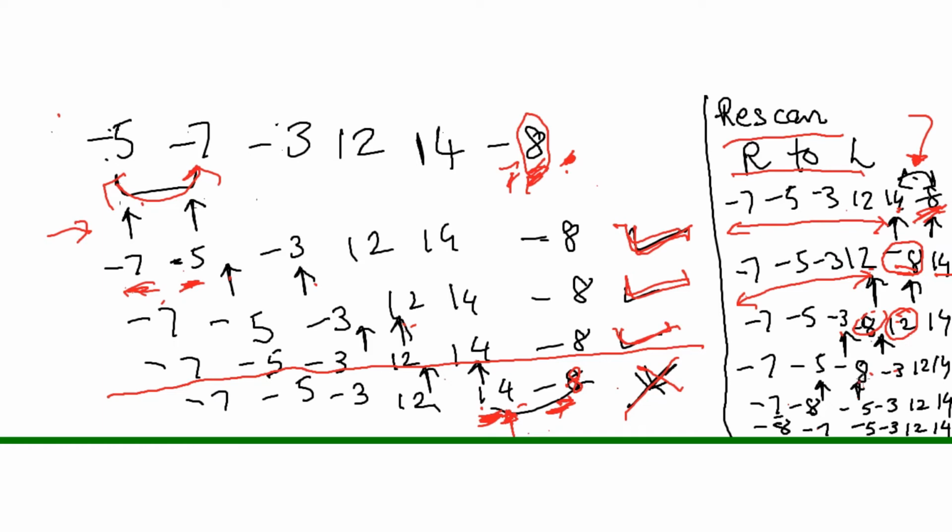And the same holds true with -5 and -8. -5 and -8 get swapped, and we have -8 in this position and -5 in this position, and then in the final iteration -7 and -8 exchange places because -8 is less than -7, and the condition is again violated. Hence we have -8, -7, -5, -3, 12, and 14.